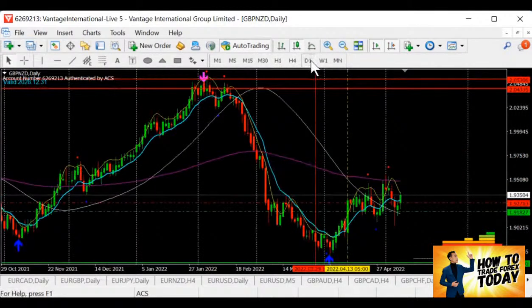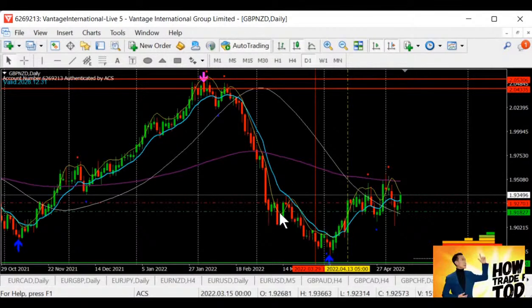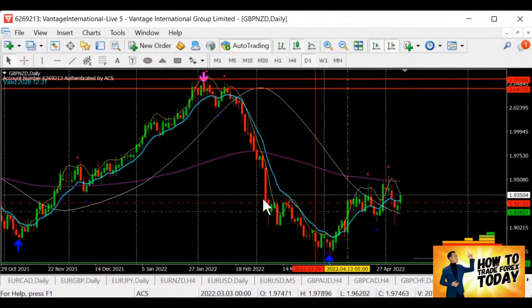Right, let's take a look at pound kiwi. By looking at this pound kiwi, once again we have an inverse head and shoulder. So this is the left shoulder, this is the head, and this is the right shoulder, but this is inverse. As you can see now, 1, 2.